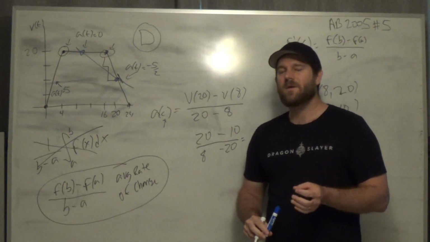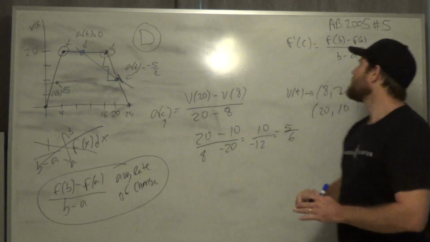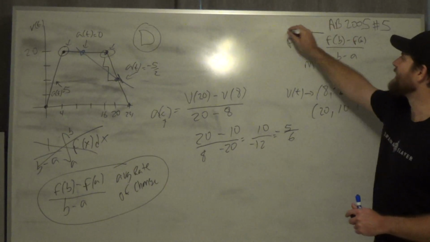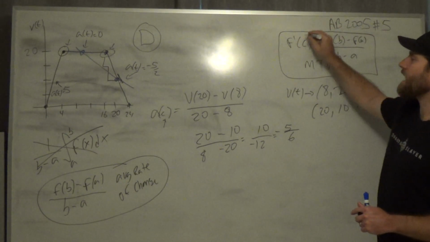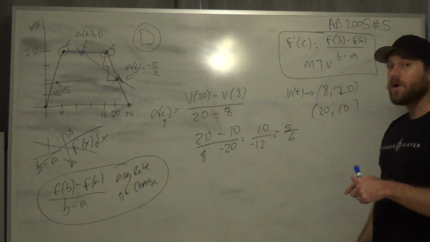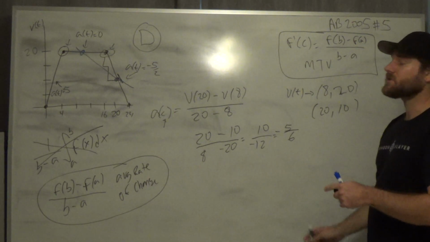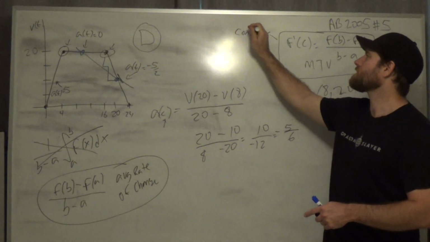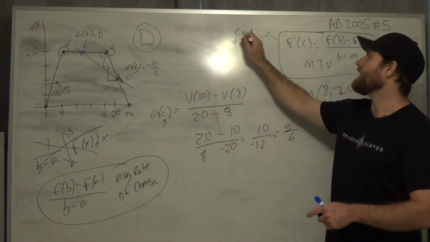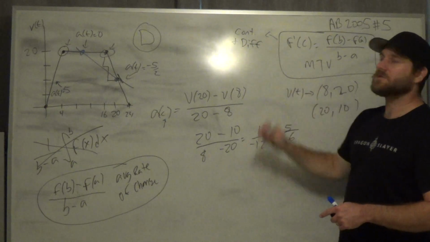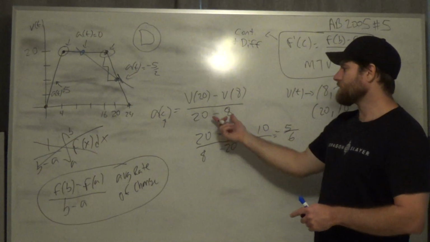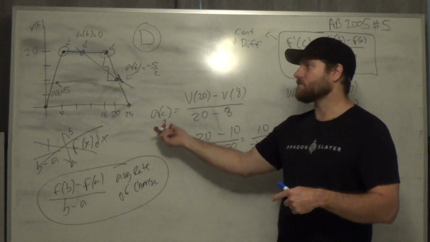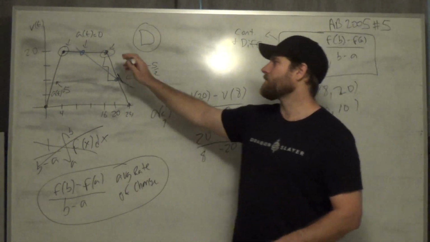So if it's never negative 5 over 6, why doesn't it work? The mean value theorem is not just some idea that works some of the times. It works all of the times if the conditions are met. Is the function continuous and differentiable? As long as velocity is continuous and differentiable, the mean value theorem should work. But it's not differentiable.